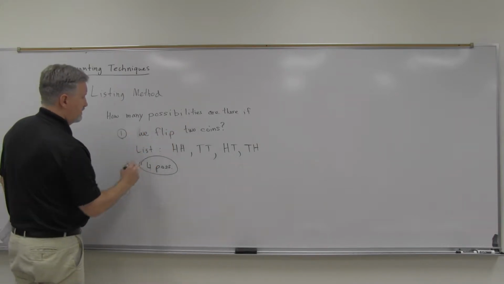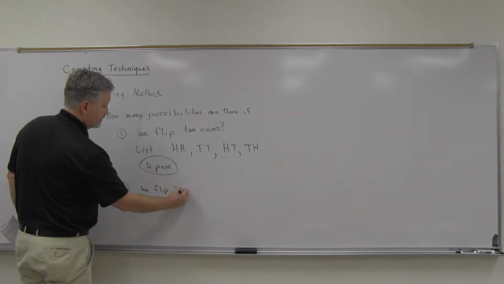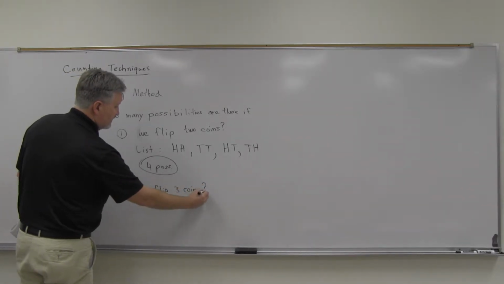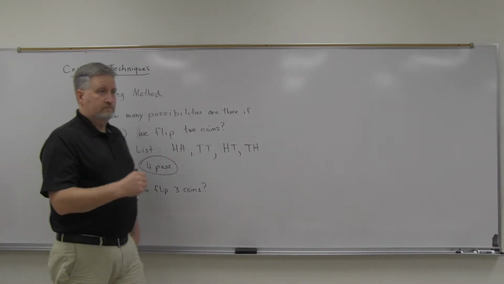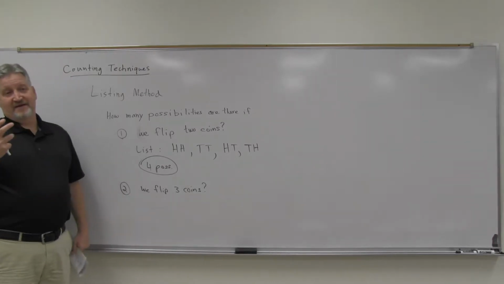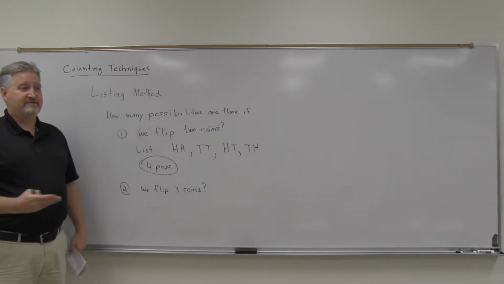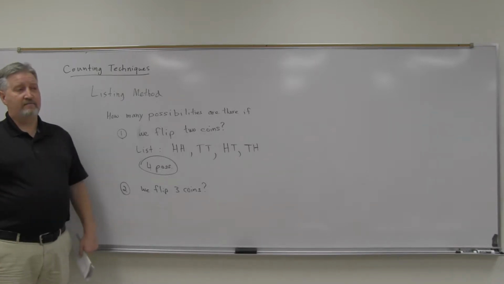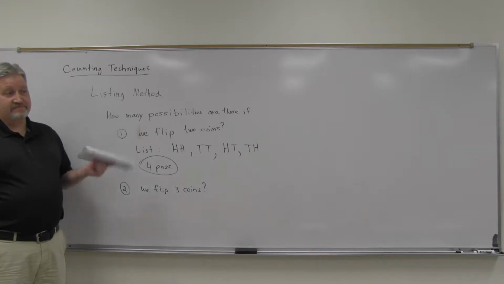All right, now let's see. How many possibilities are there if we flip three coins? Well, again, one way is just to list them all out. This is a good point to talk about this. Some events have more possibilities, and so it's usually a good idea to come up with a system.